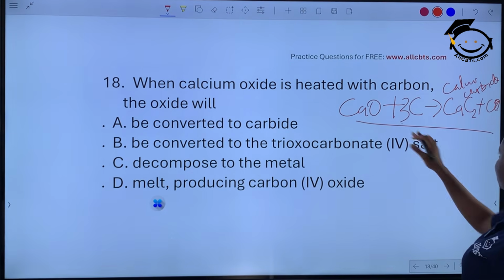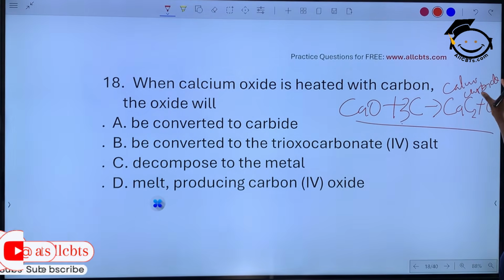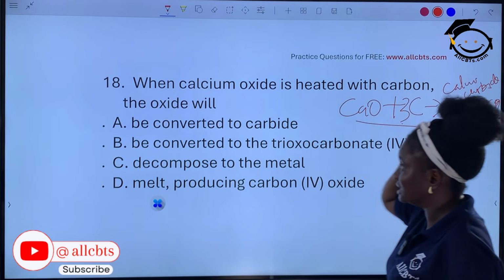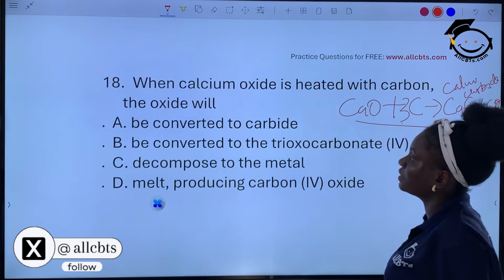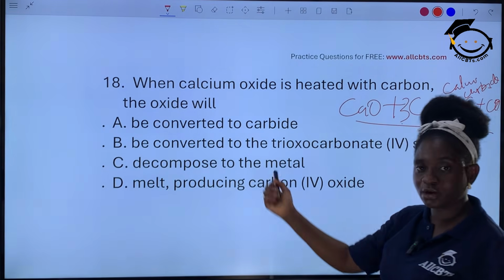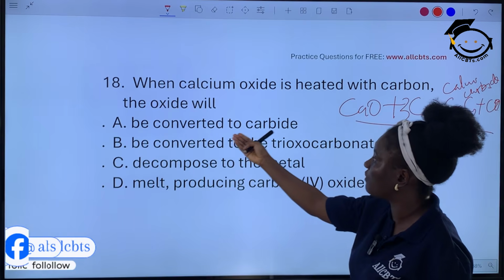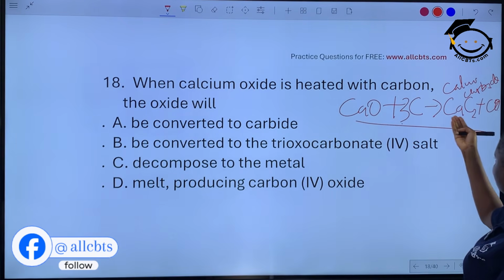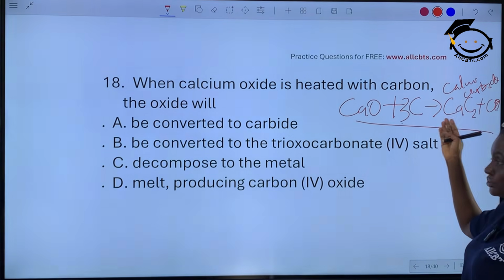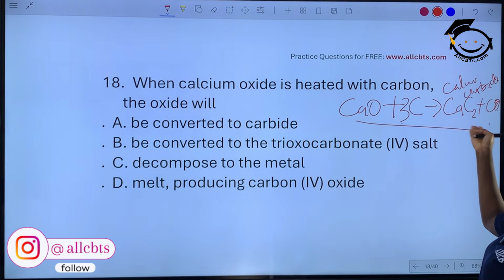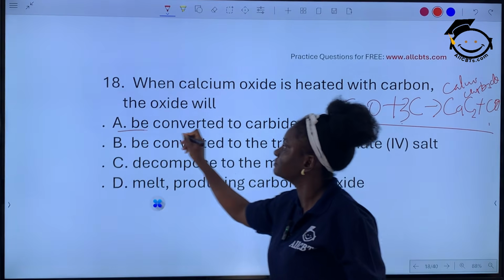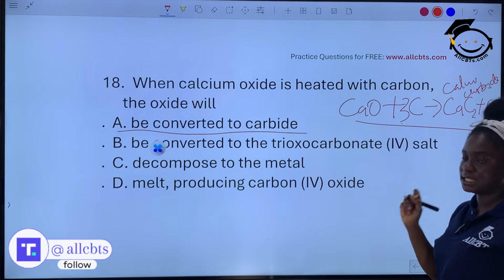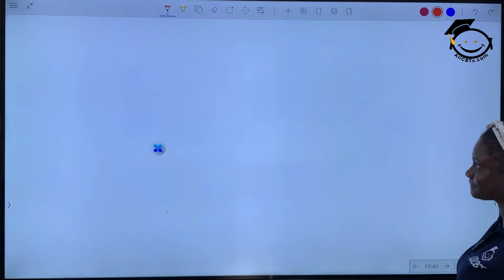From this equation, you can see that a carbide is formed, and that will refer us to the option. So looking at the options, we have option A, converted to carbide. So we see calcium oxide plus carbon gives us calcium carbide. That means a carbide is formed. That means option A, converted to carbide, is the correct answer.